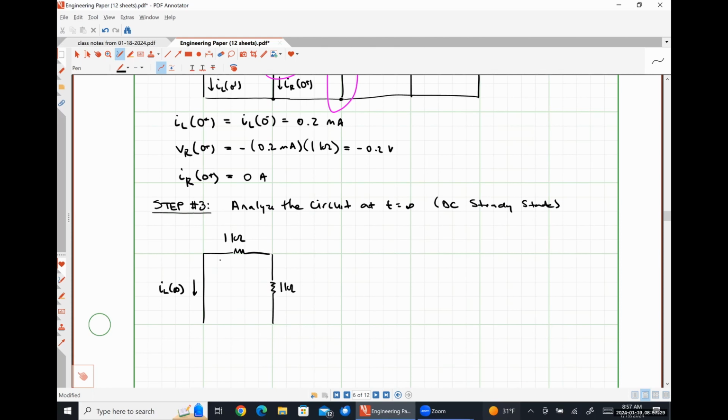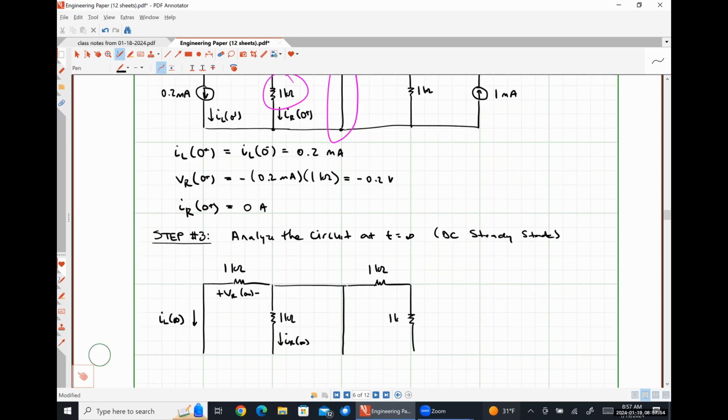My other 1 kilo ohm resistor. This is IR at infinity. My switch is still closed. 1 kilo ohm, 1 kilo ohm, 1 milliamp.